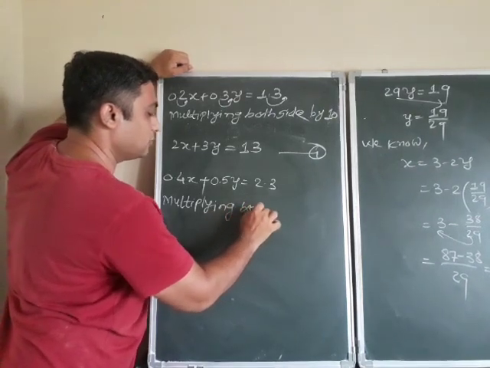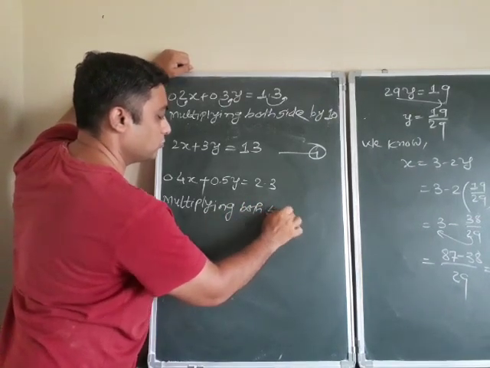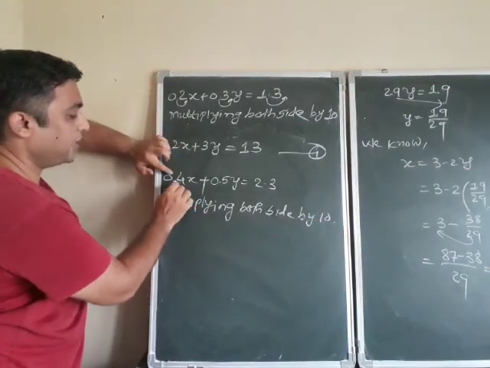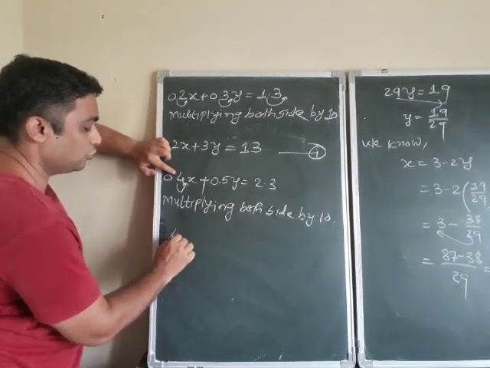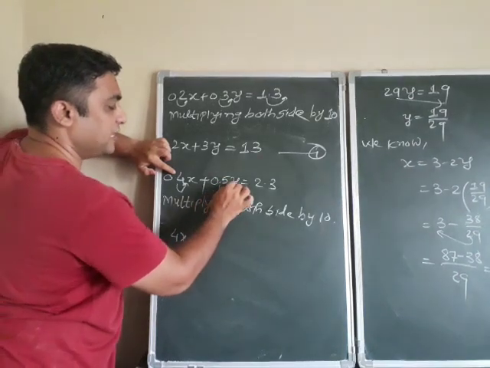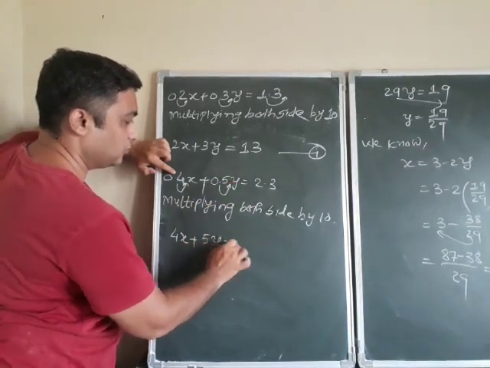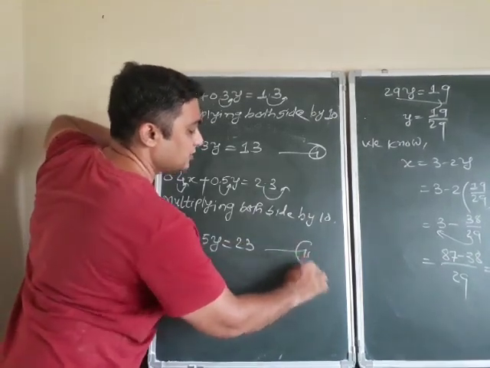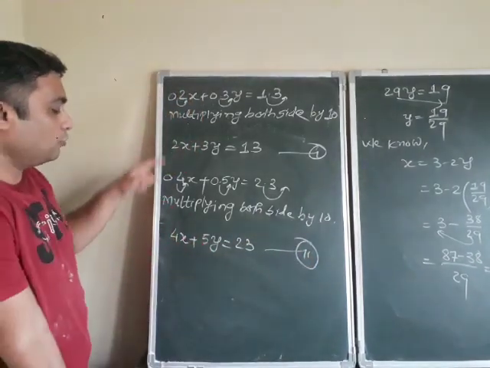Multiplying both sides by 10. Same. So see 0.4, 1 decimal आगे चले जाओ so 4x. 0.5, 1 decimal आगे चले जाओ 5y. And 2.3, 1 decimal आगे चले जाओ so it is 23. This is the equation number 2. Now solve both these equations.